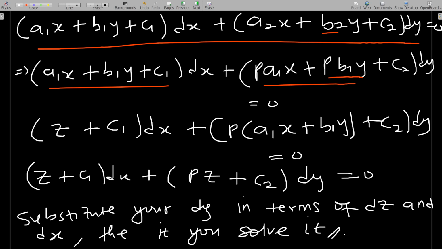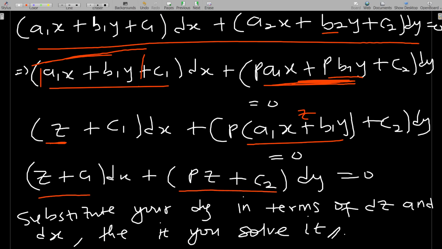The transformation was z equal to a1x plus b1y, so you put z there. Here too, we can factor p out from these two terms, and that is also z. So this whole differential equation changes to z plus c1 dx plus p z plus c2 dy, and this is equal to 0.